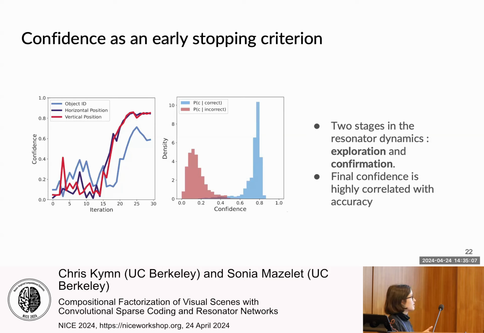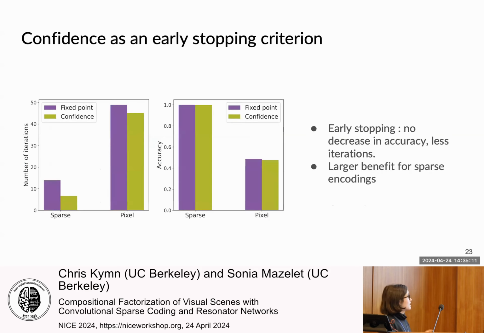So we can stop the dynamics there and return the current guess for the resonator. This is what we did, and we found that it's a good criterion for early stopping. We obtained no decrease in accuracy and fewer iterations for the resonator. And we find that this early stopping criterion has even larger benefits for this convolutional sparse encoding method than for the direct encoding of pixels.